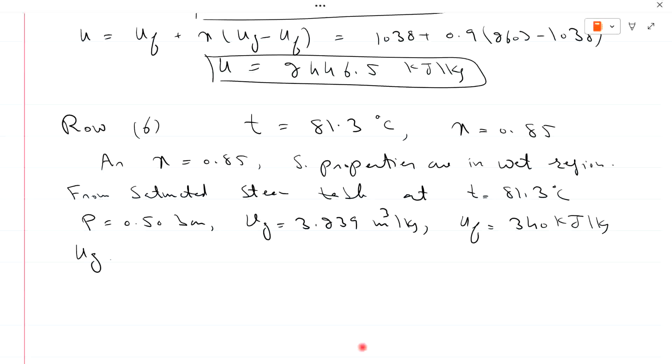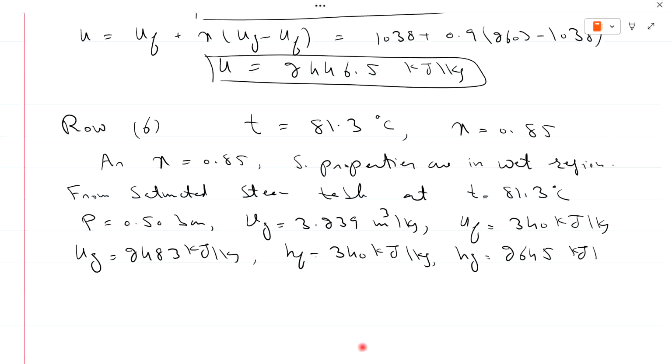Ug is equal to 2483 kilojoule per kg. hf is equal to 340 kilojoule per kg and hg is equal to 2645 kilojoule per kg.